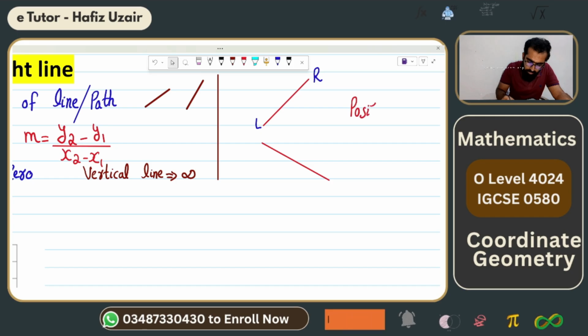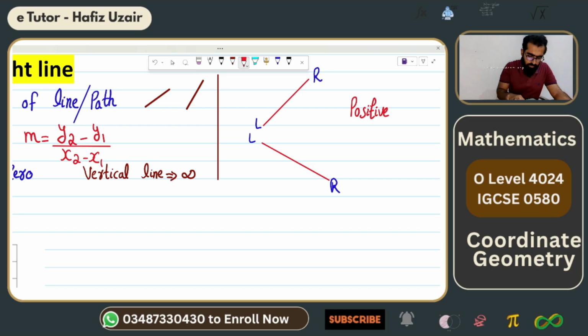This line is moving from left to right downward, so the gradient of this line is negative. You just need to check left to right.